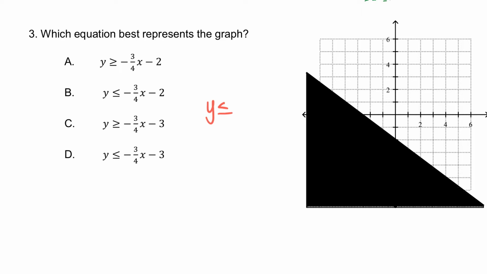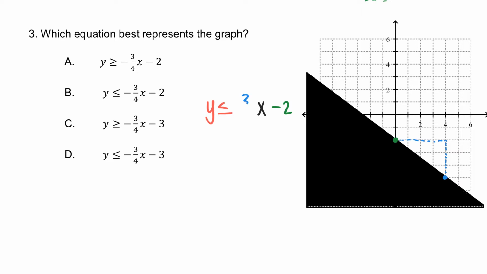And then let's see. So what's our y-intercept here? So our y-intercept to me looks like negative 2. And then what's our slope? So we're going to have something times x. Let's see. All right. So we're going to go from this point to the green point. We have to go up 3 and we have to go left 4.